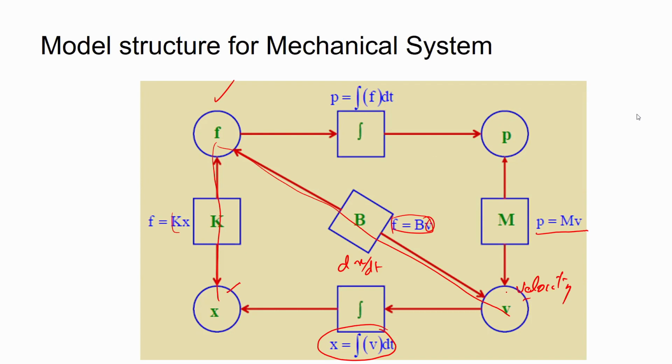So from here, if you take the first derivative, this is the first derivative over here, and this is simple multiplication. So it is the first derivative over here and the second derivative right here, and this is a multiplication of that one. So you can put that like F is equal to ma also.